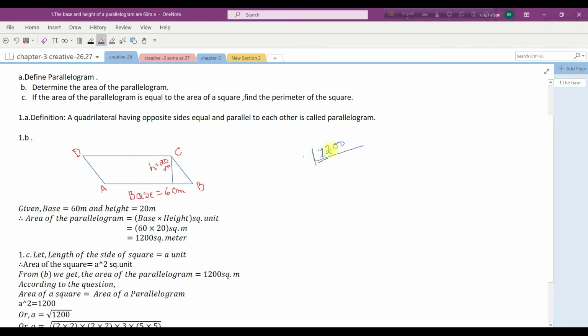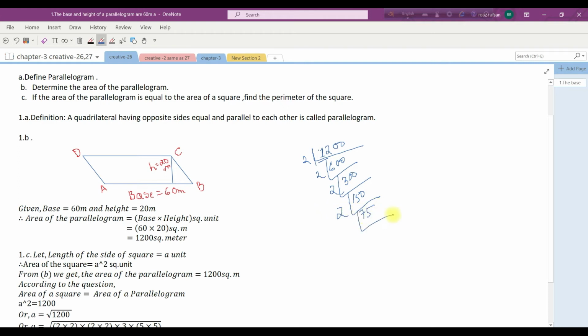Just divide 1200 by 2, you will get 600. Now 2 also goes into 600, you will find 300. Then 300 can be divided by 2 also, so 150.